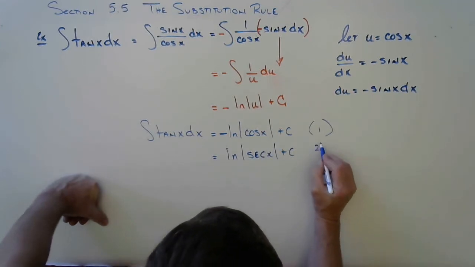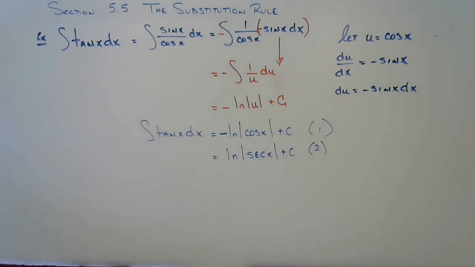So there are two ways that we can express the integral of tangent. It's either the natural log of secant in absolute value, plus c, or it's the natural log, minus the natural log of the absolute value of cosine, plus c. It's just a log property that gets us from one to the other.